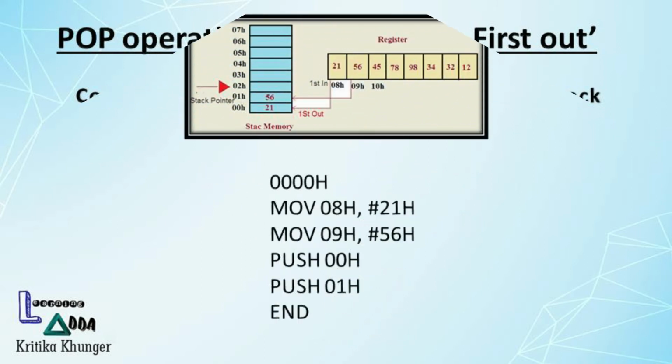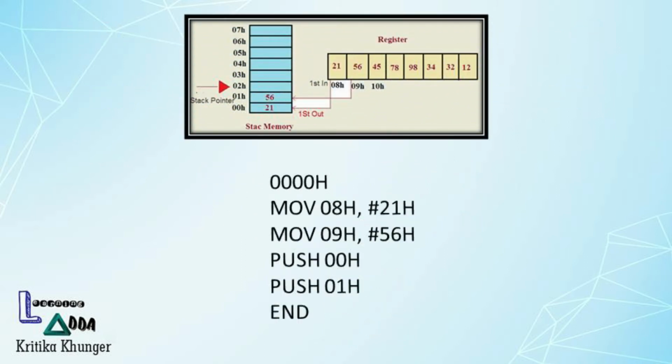We are taking another example with this picture over here. We have taken a stack pointer which starts from 00h, and over here we have the instruction move 08h comma hash 21h. We are moving 21h 8-bit data to memory position 08 in register.